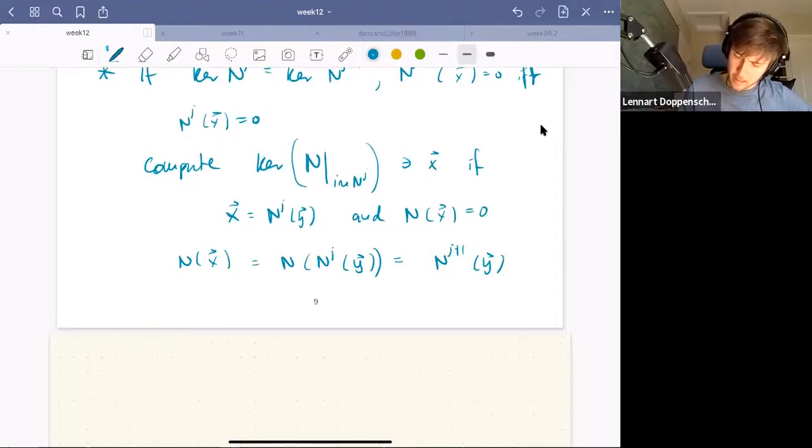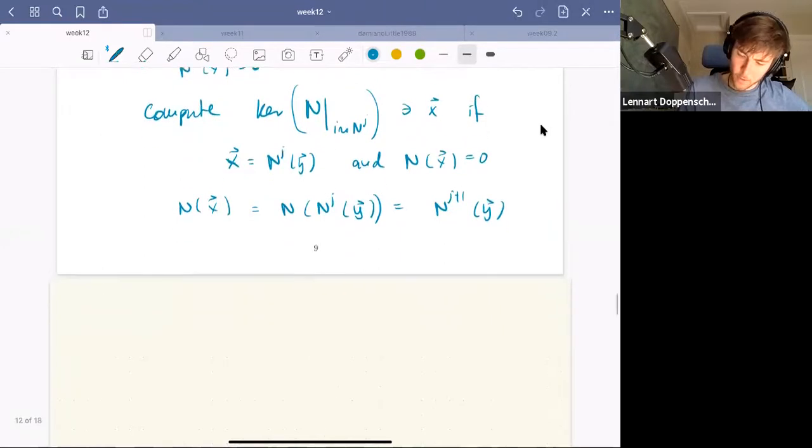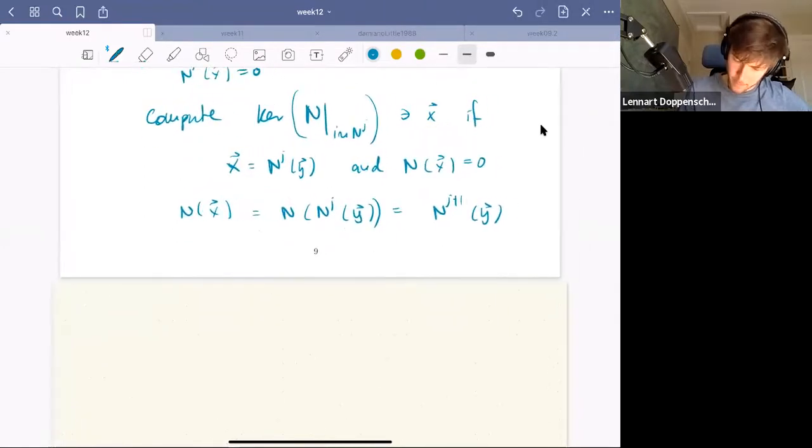And this is 0 if and only if n to the j of y is 0, but n to the j of y was just x.